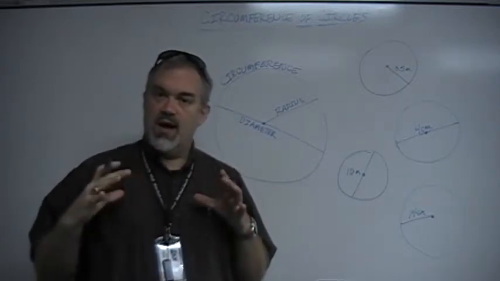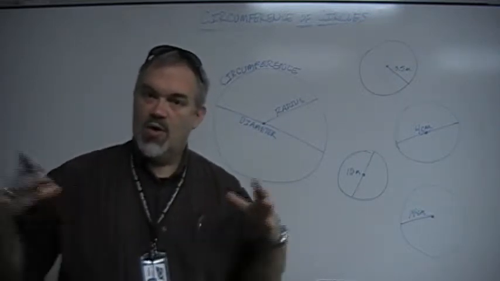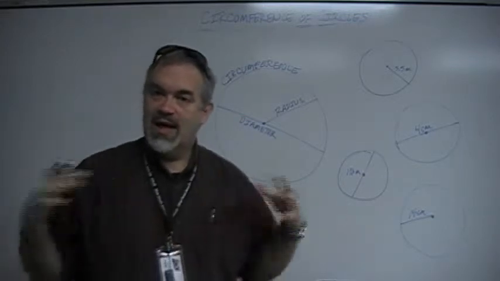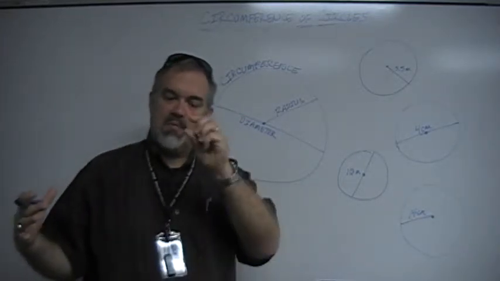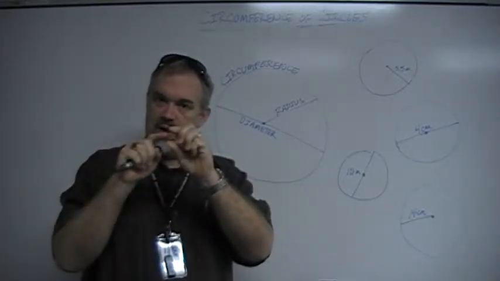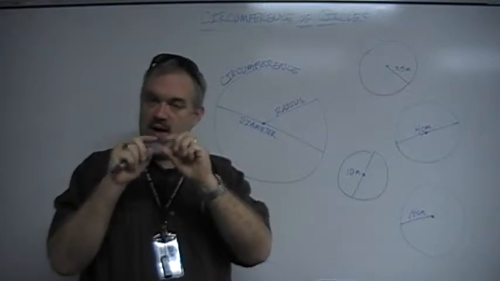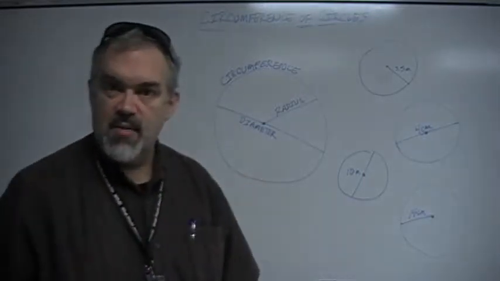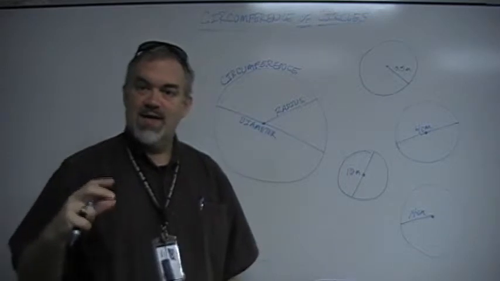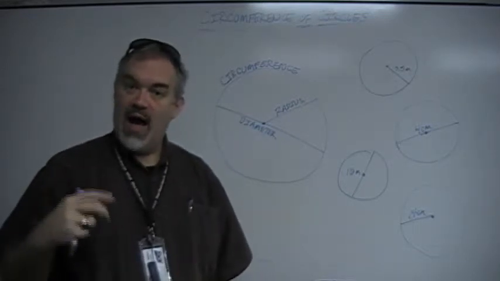Whether you're talking about a paper plate or the circumference of the earth or any other circle you can think of, a marble, the relationship between the diameter and the circumference is always the same number. And so that number has been defined as pi.